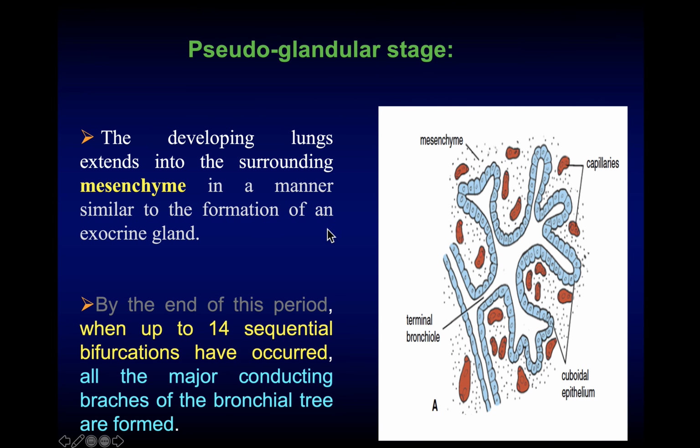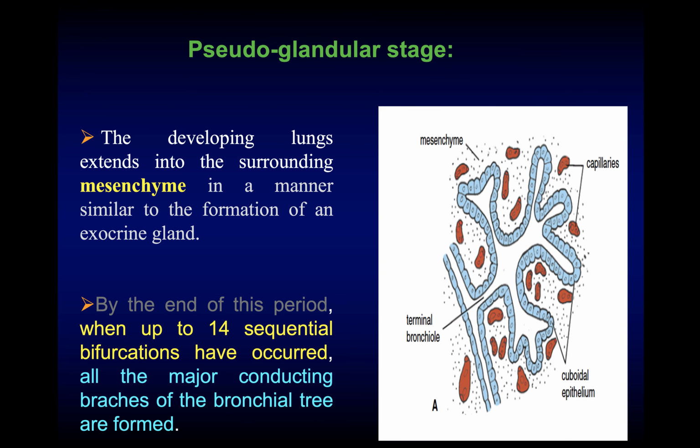Because the appearance is similar to glands or exocrine glands, they call it the pseudoglandular stage. By the end of this period, 14 segmental bifurcations have occurred, and all the major conducting branches of the bronchial tree are formed.